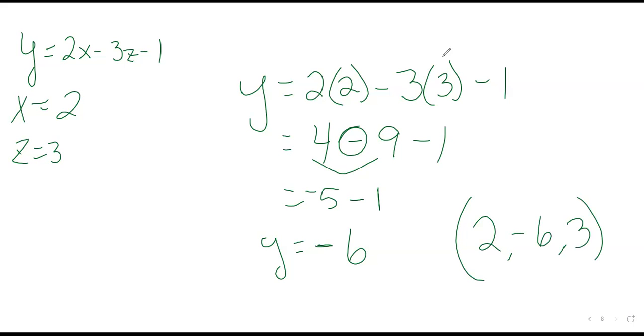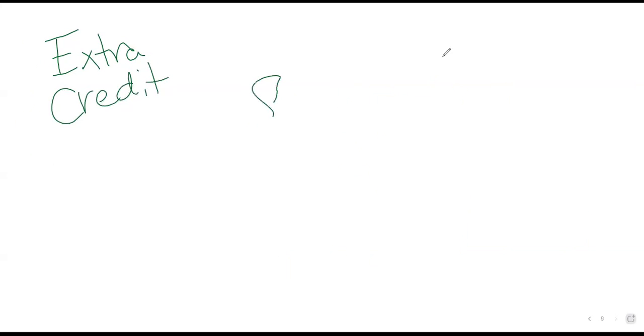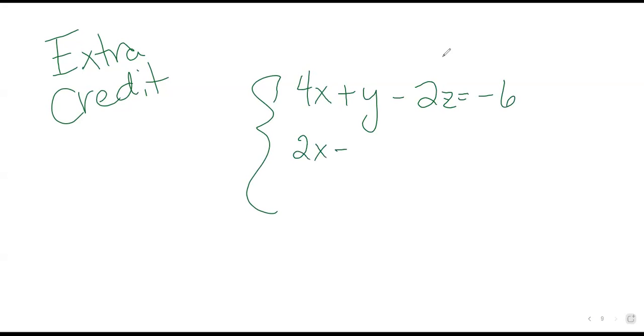Yes. Okay, so I'm going to put the extra credit problem now for those who missed this session. And it's going to be to solve 4x plus y minus 2z equals negative 6, 2x minus 3y plus 3z equals 9, and x minus 2y equals 0.